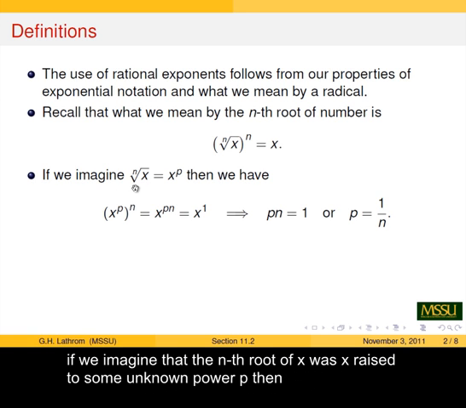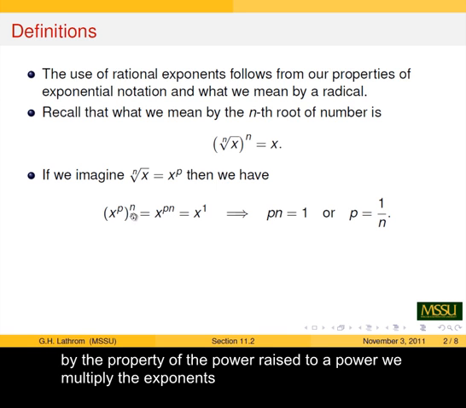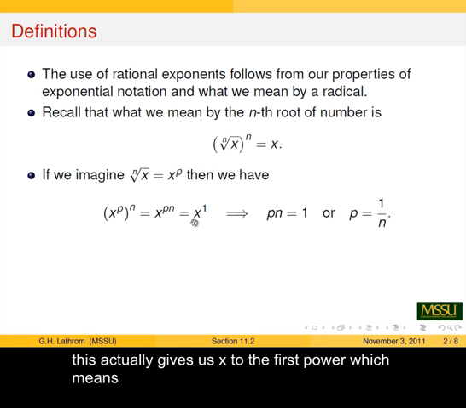If we imagine that the nth root of x was x raised to some unknown power p, then using this property we actually have x to the p raised to the n power, which is x to the pn. By the property of the power raised to a power, we multiply the exponents. This actually gives us x to the first power.